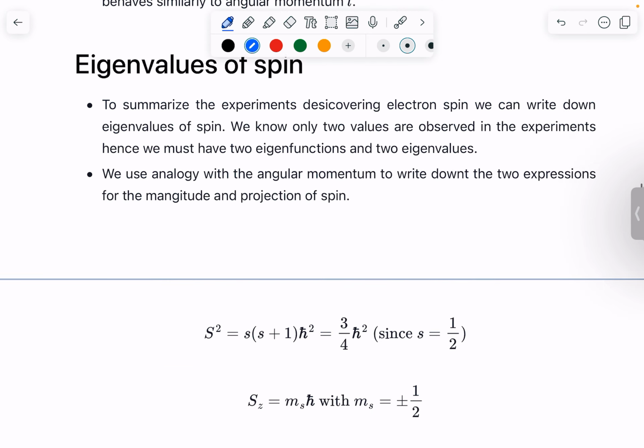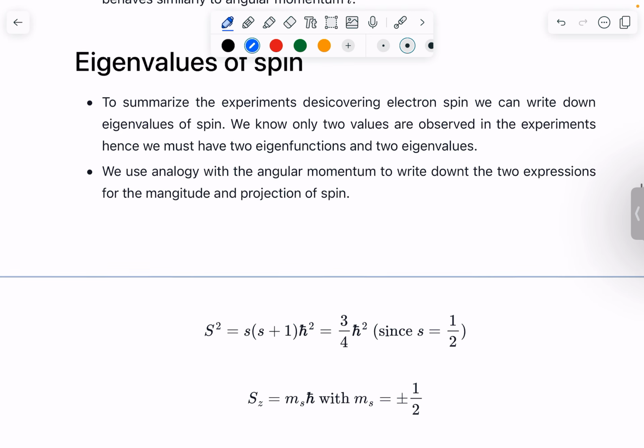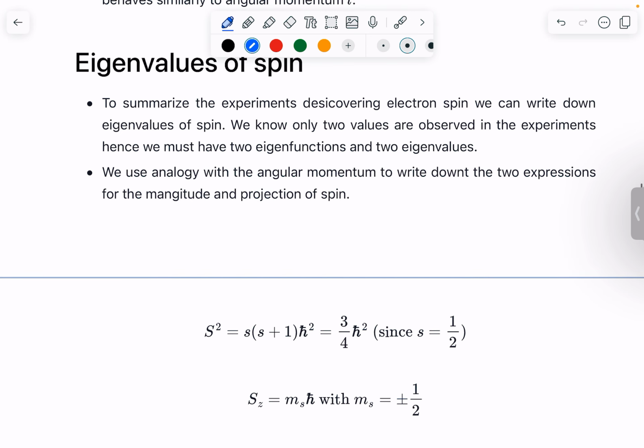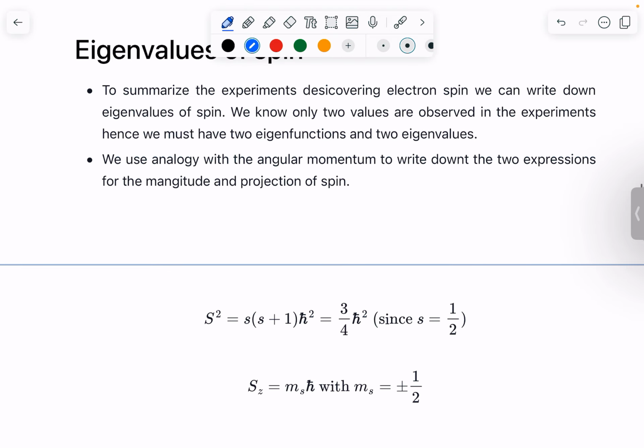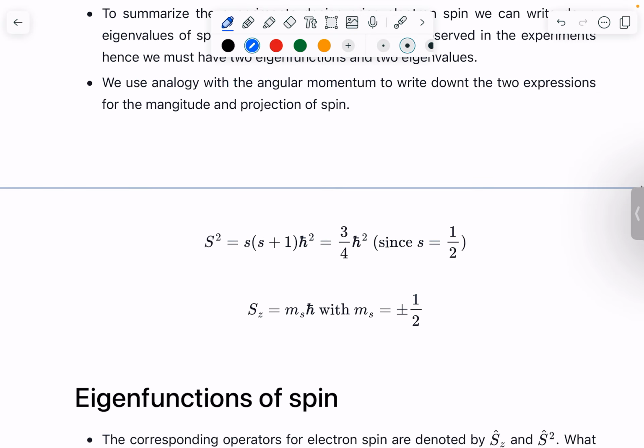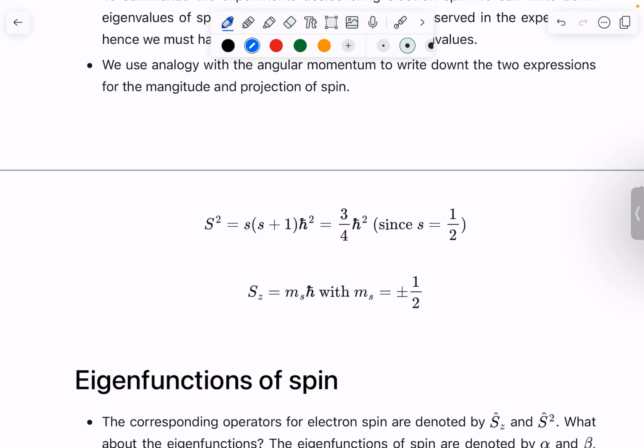Okay, so let's see how the spin, once we discover and acknowledge it, can be built into the now familiar quantum mechanical machinery. So we just discovered that there is only one eigenvalue for the spin. It's 1/2, and it has two projections, up and down, or plus minus 1/2, right, in an external magnetic field, z direction. The atoms only display two possible orientations, plus 1/2 and minus 1/2 values, right?